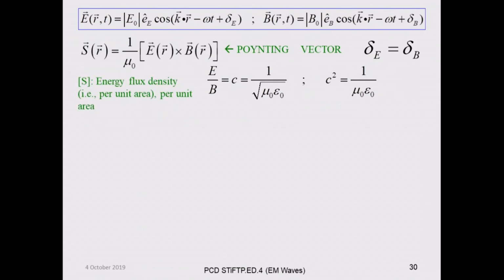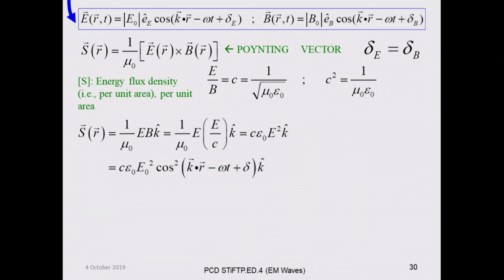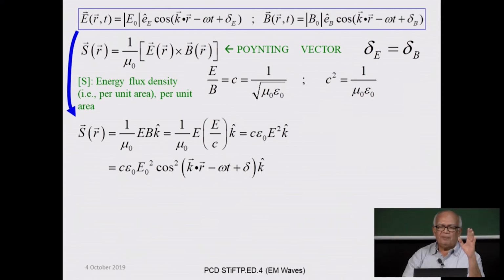This is the flux density. We have already noted that the phases delta E and delta B are the same, and you can now actually work out this cross product, which will be E cross B. So it will be EB and in the direction of k. So it is in the direction of propagation of the electromagnetic energy. So this is the momentum which is being propagated, not just energy but also momentum.